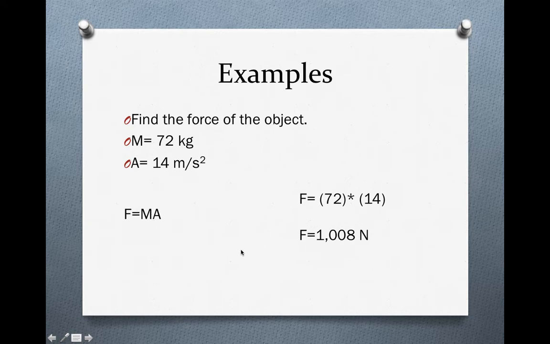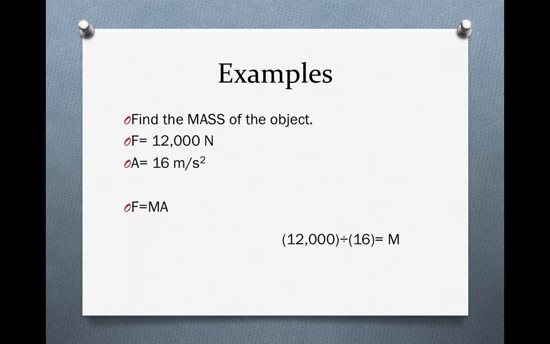Now, what do you do if you already know the force? Well, here's where our algebra comes in, and I don't have a transition on this slide, but we're just going to keep going. All right, so we are going to find the mass of the object this time, and since we have the force and the acceleration, we are going to solve for the mass.